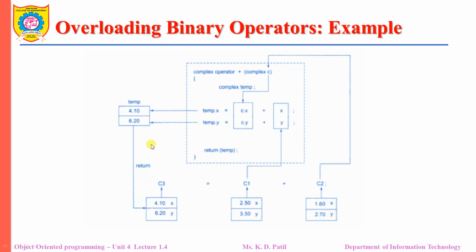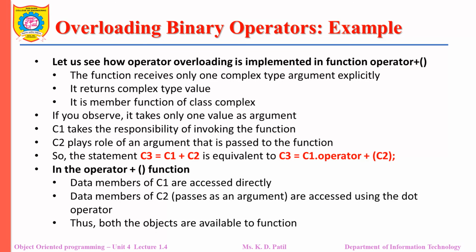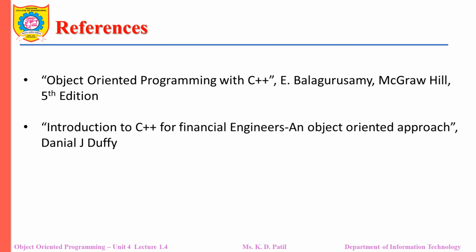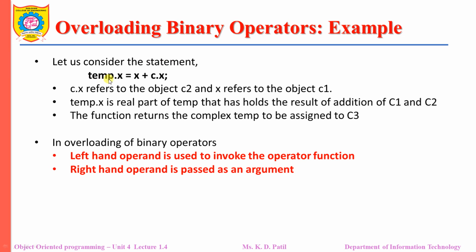So this is how a binary operator can be overloaded for the addition of two complex numbers. Please remember that the left hand operand is used to evoke the operator function, whereas the right hand operand is passed as an argument. In the equation here, C1 is my left hand operand and C2 is my right hand operand.